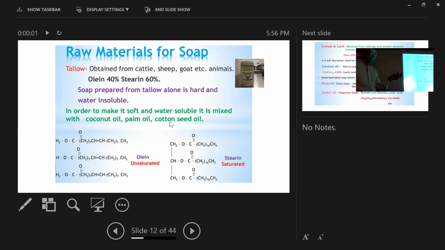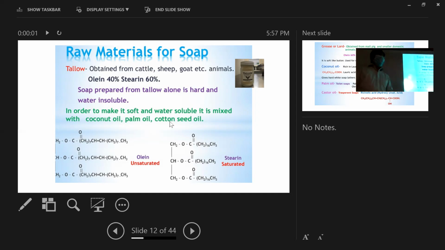So if we want to make it more soluble with water, in that case we can add some coconut oil, palm oil or cottonseed oil. In that case it can have the capacity to dissolve into water a little bit, because in that case the chain of the hydrocarbon becomes a little bit shorter.